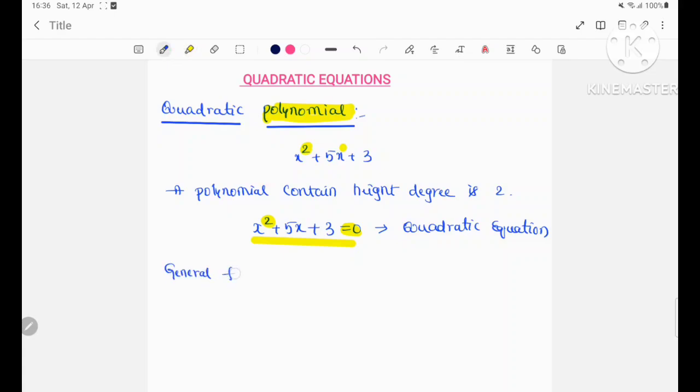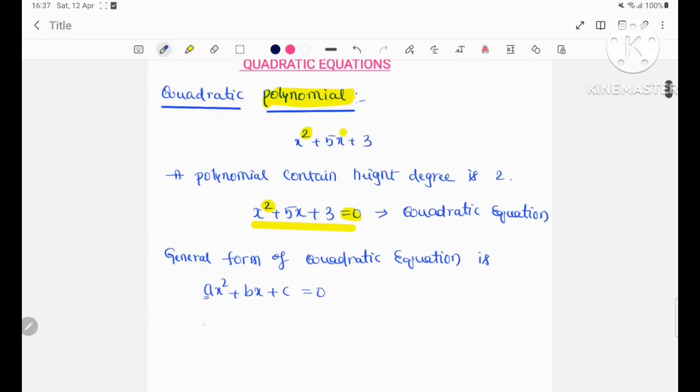So the general form of a quadratic equation is ax square plus bx plus c equal to 0.